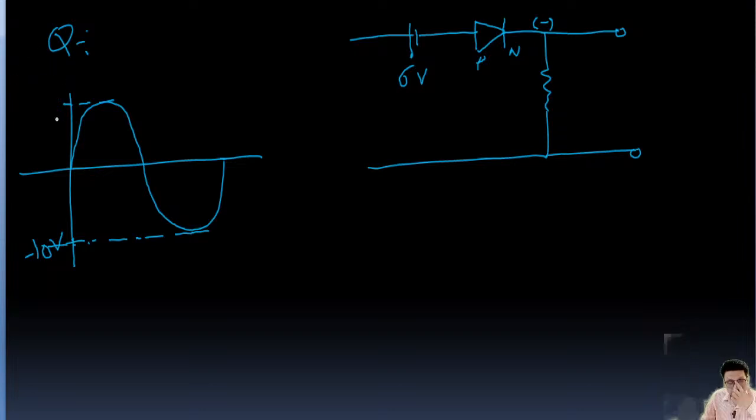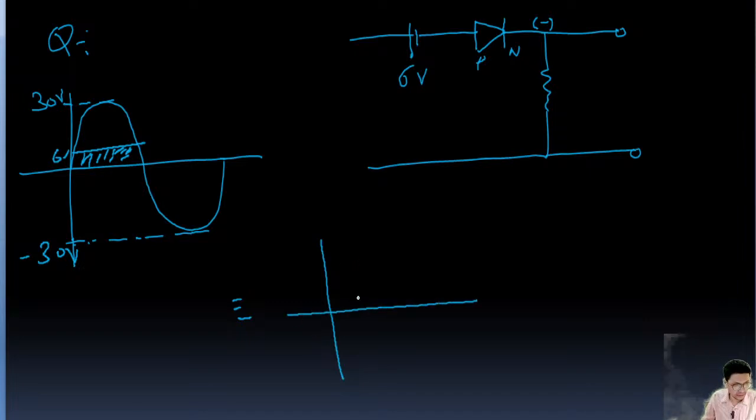This is 30 volt guys. Okay, and this is minus 30 volt. Okay, so 6 volt is clipped, right? This part is clipped, which means the output graph is going to be like this. 6 volt we have clipped, so this will be like this.